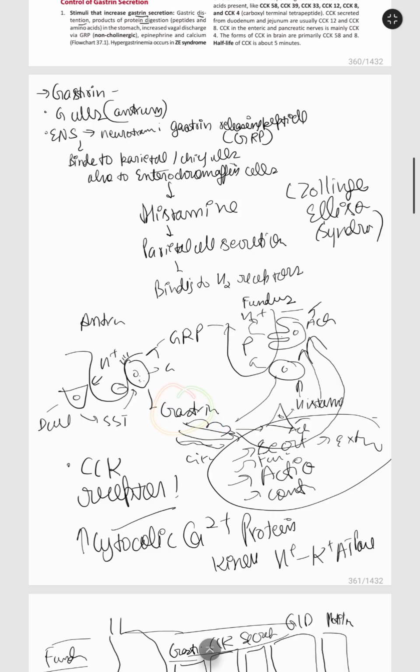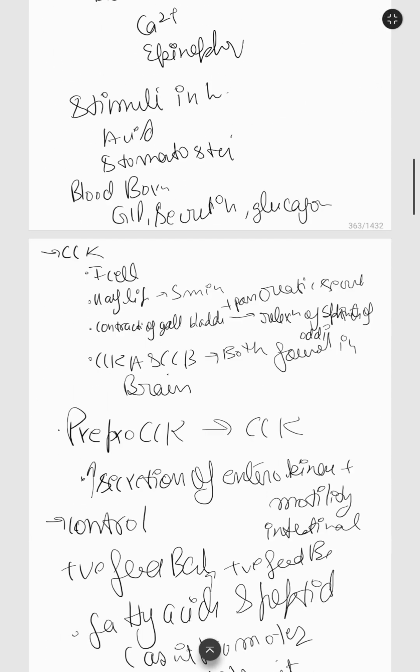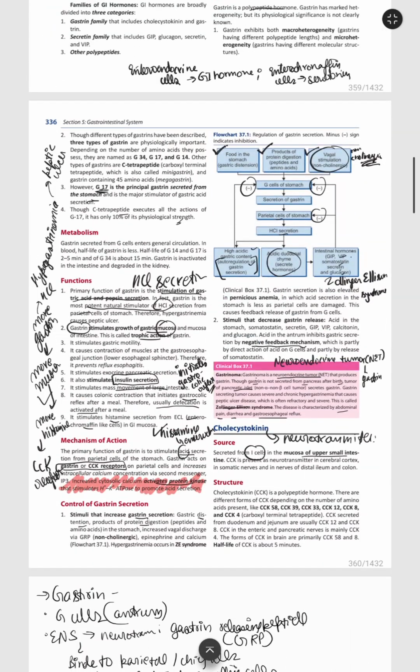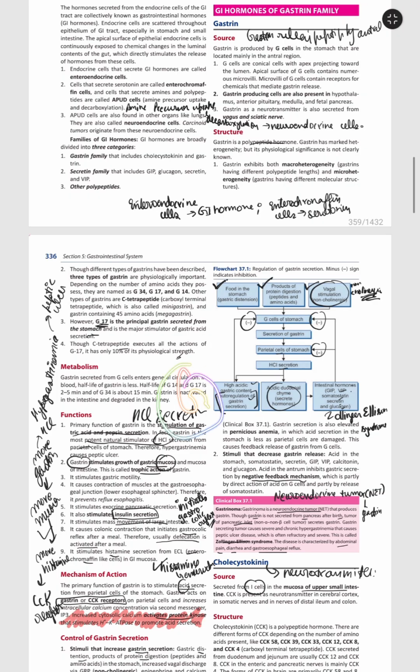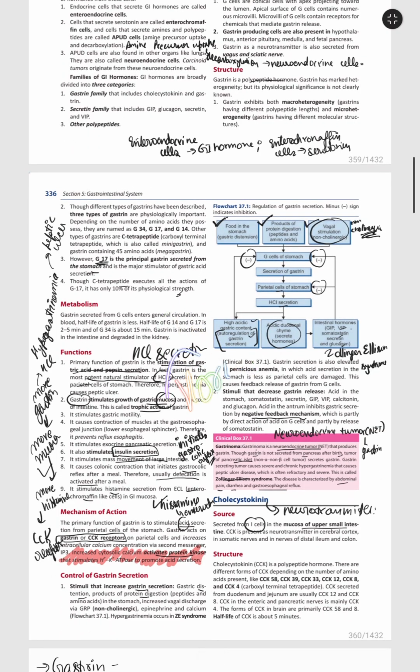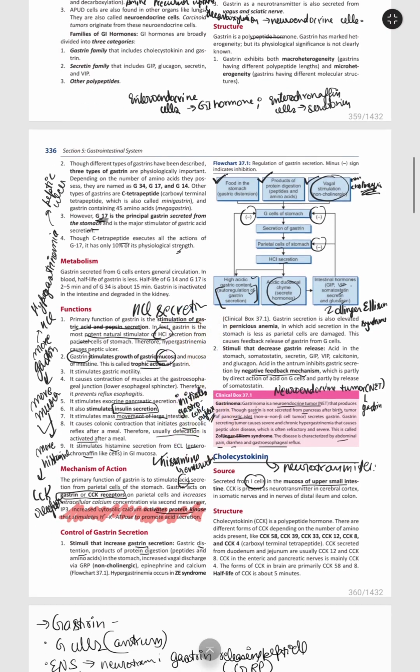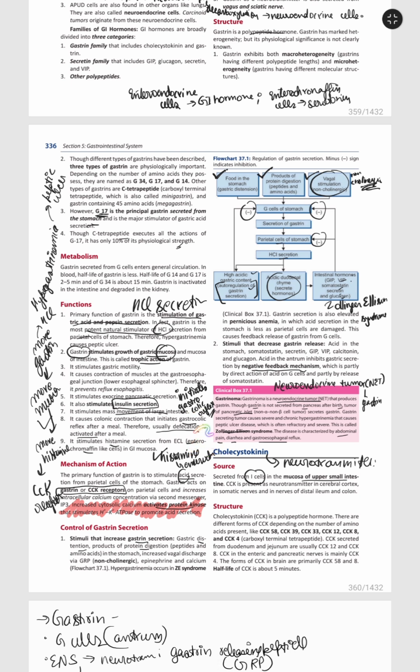Gastrin stimulates parietal cells. Gastrin is secreted by G cells, and this hormone acts on the parietal cell of the stomach to secrete HCl.